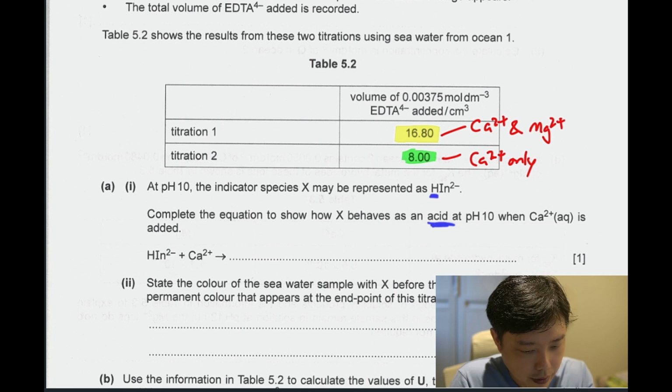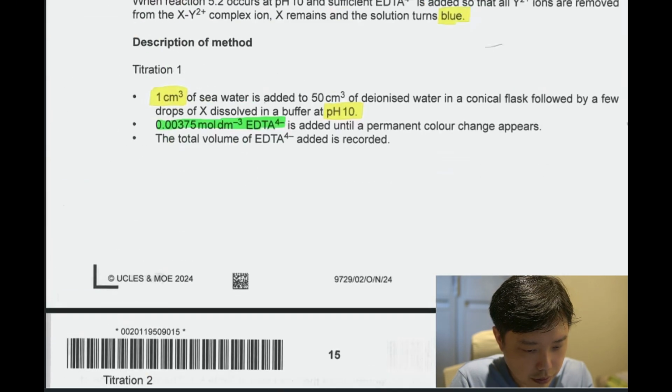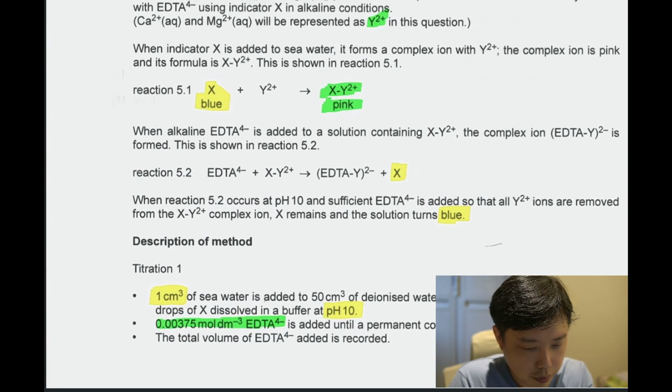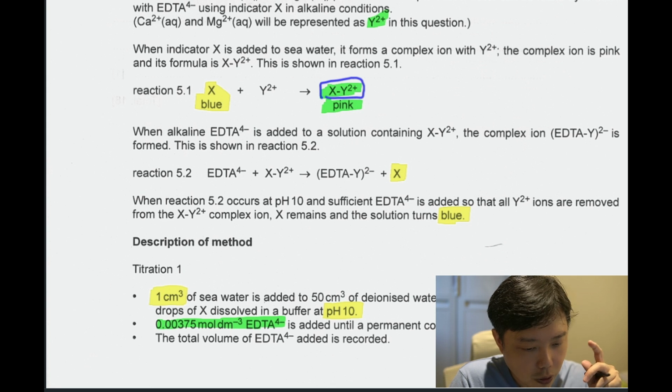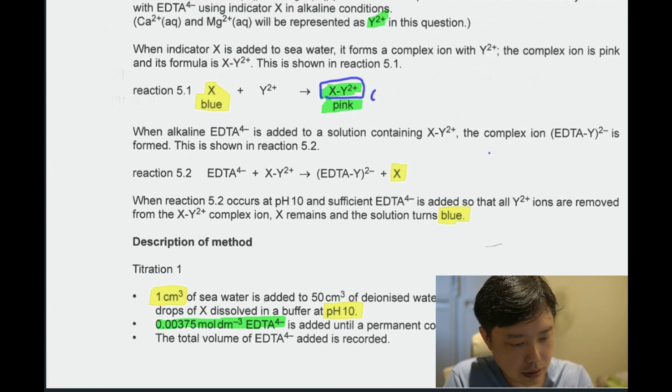We are also told, if you look at the previous equation, that your X indicator combines with the cation to form the complex. So this is a complex with the indicator plus the cation.